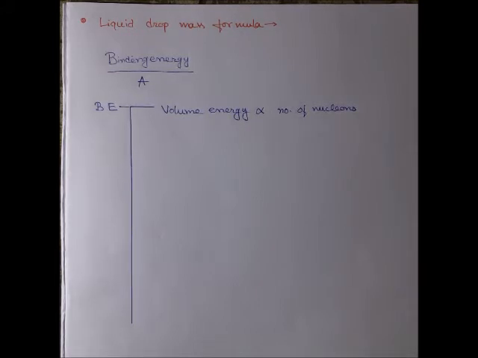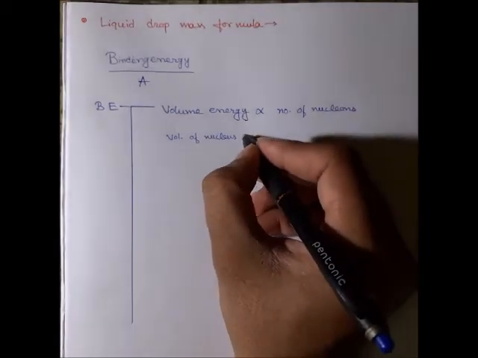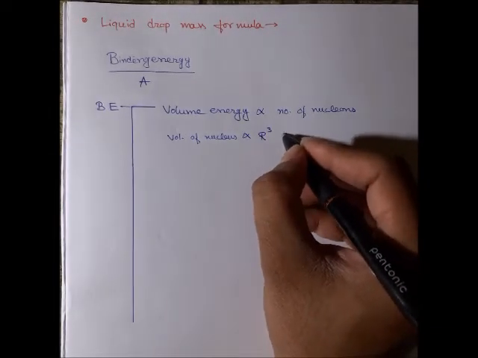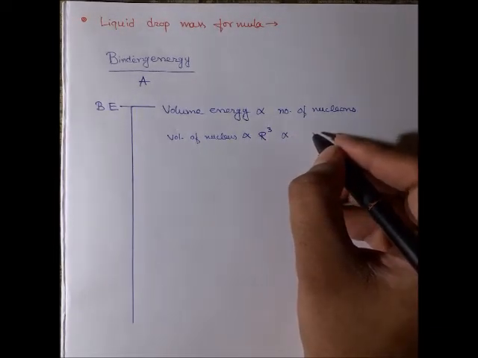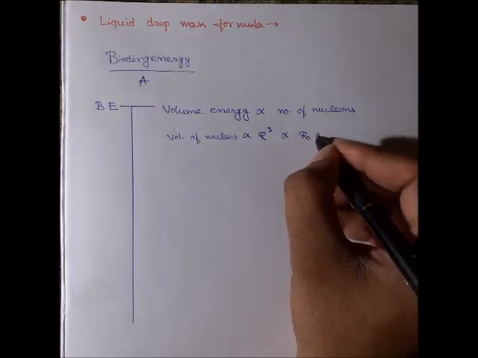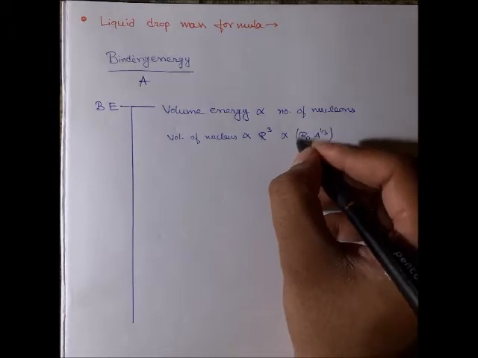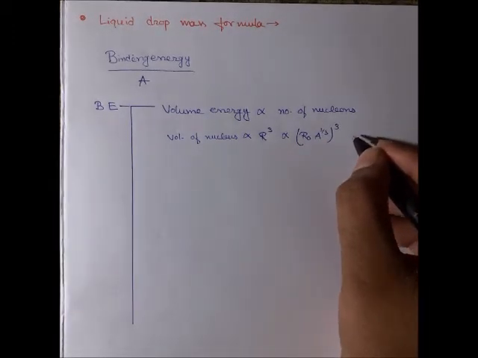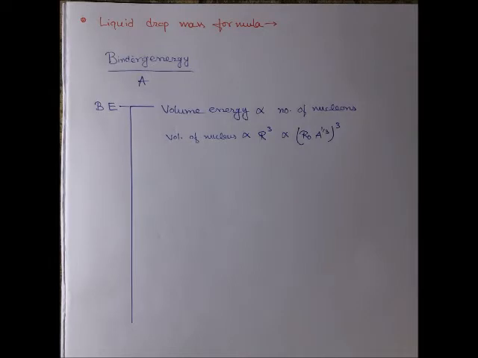Therefore, we can say mathematically, the volume of the nucleus, 4/3 pi r cubed, is directly proportional to r0 A to the power 1/3, A being the atomic mass, cubed. Therefore, it is directly proportional to atomic mass.